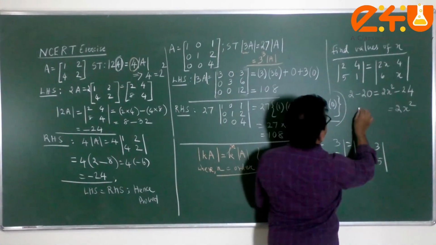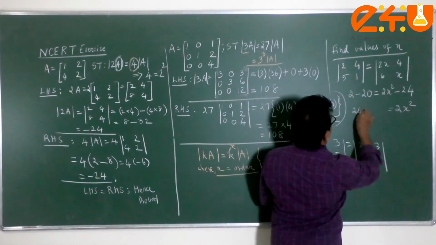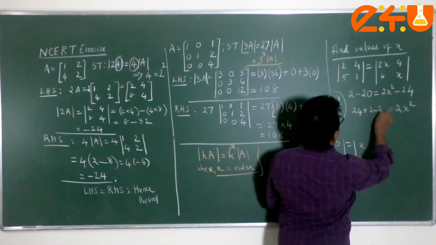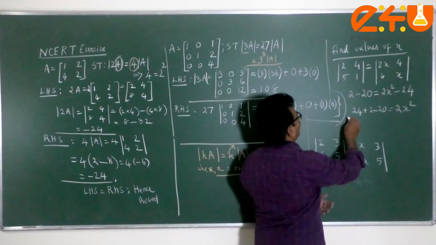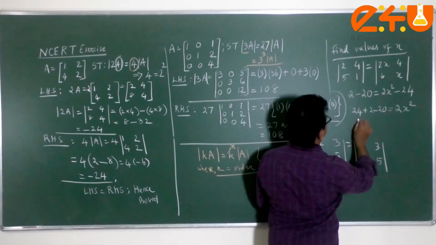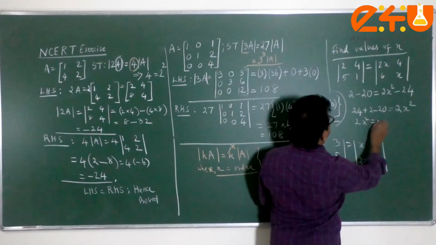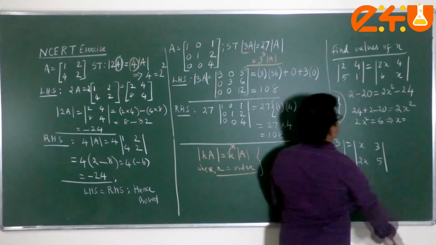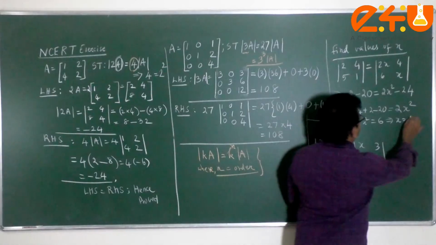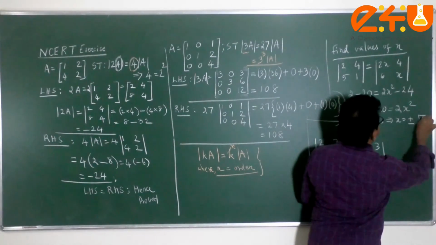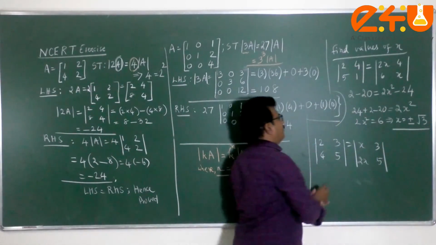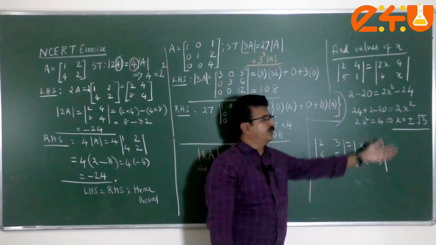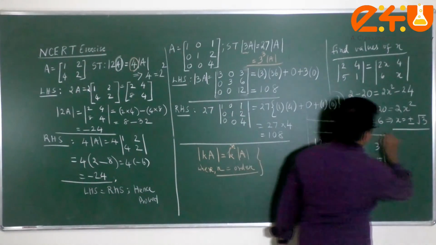It is 24 minus 24 brought to the other side. So you get 2 minus 20. So I get 2x squared is 6, followed by x squared is 3, or x is plus or minus square root 3. So that is the answer for the question.